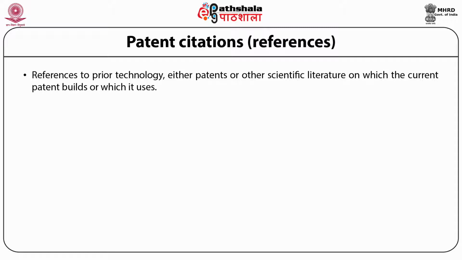This is to a large extent similar to the citations which we give in a paper. But there are two types of citation in a patent document: examiner citation and application citation. Unlike the typical research paper citations, I will explain the difference between these two citations.